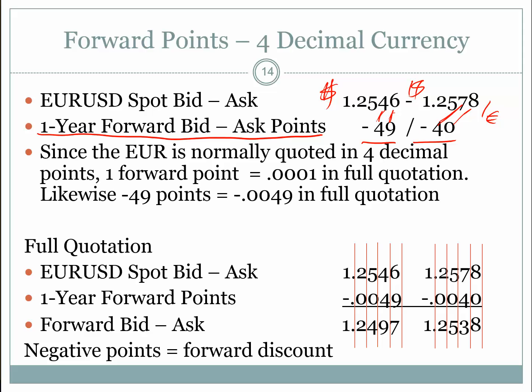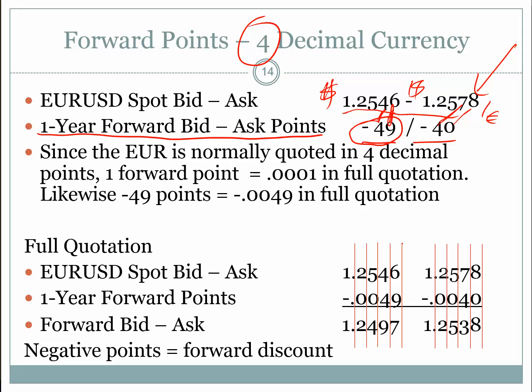Every currency is quoted in the spot market at either 2, 3, or 4 decimal places. As you can see, the euro is quoted in 4 decimal places. So if you see 4 decimal places in the spot market, and someone quotes you negative 49 points for a 1 year forward, what they're quoting back to you is the last few decimal places.